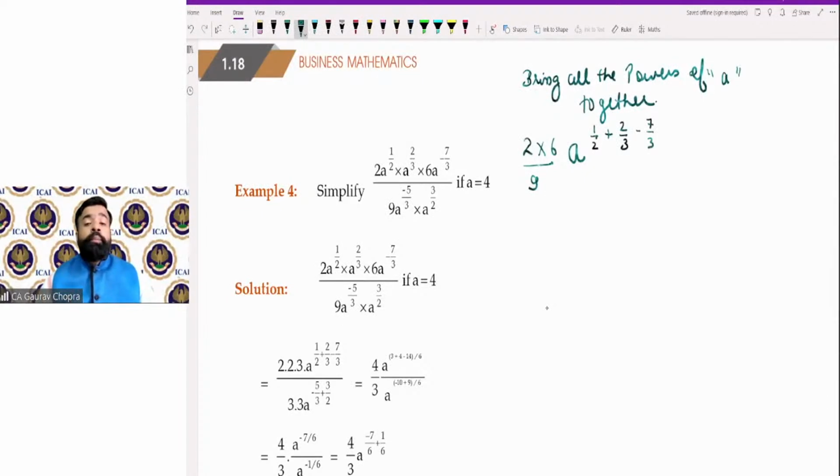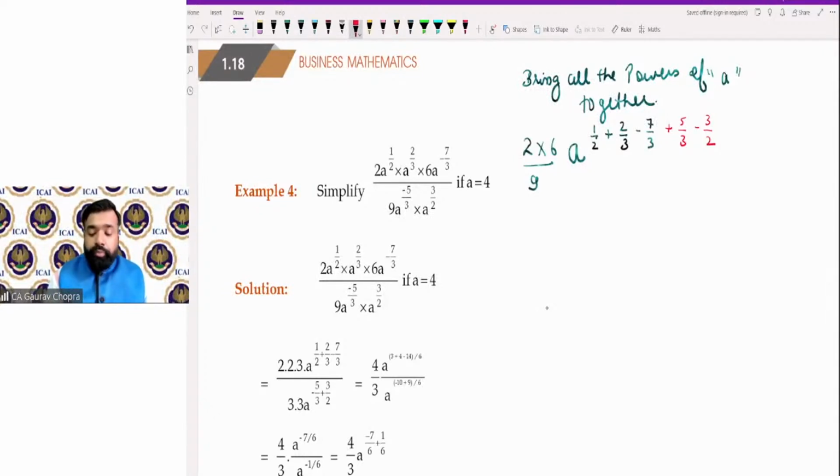So we have applied law number 1, that is, we have added all the powers. Now, if the power is coming from the denominator, the sign will get changed. So the powers of the denominator will be plus 5 by 3 and minus 3 by 2. We have taken all the powers together.